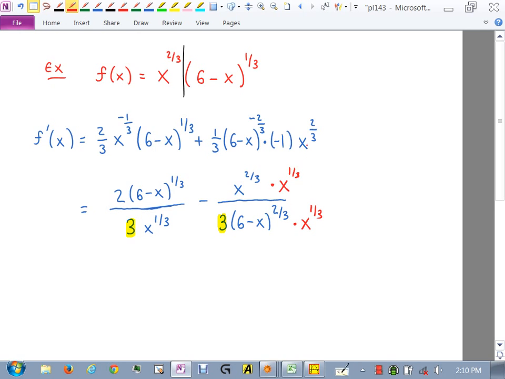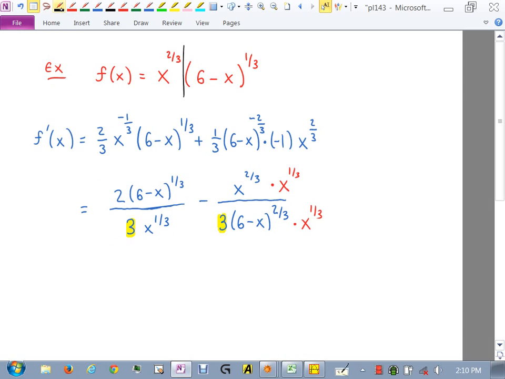Hey, that's going to work out pretty good. X to the 2/3 times x to the 1/3 is x to the 3/3, which is x to the 1, which is just x.